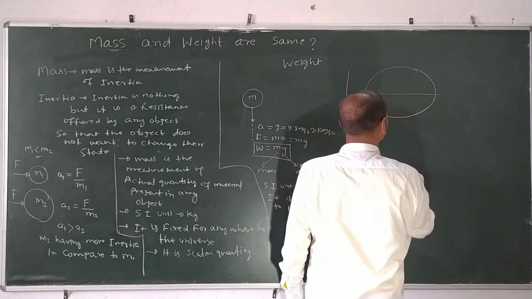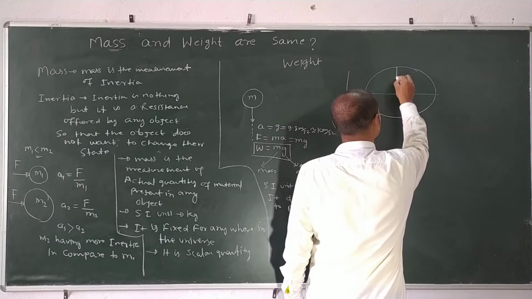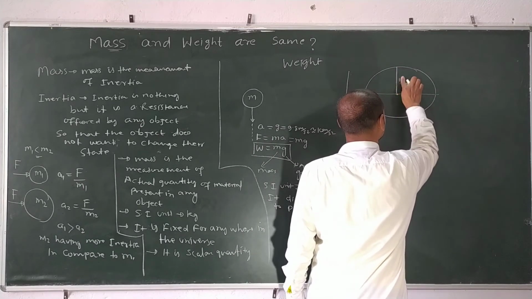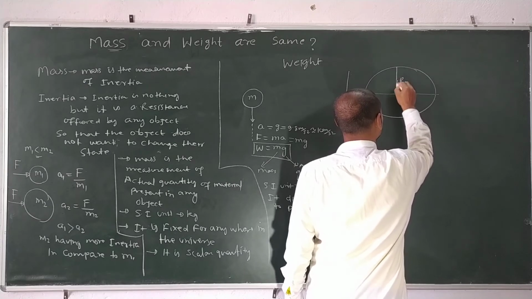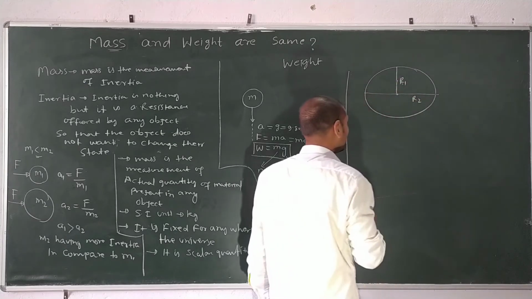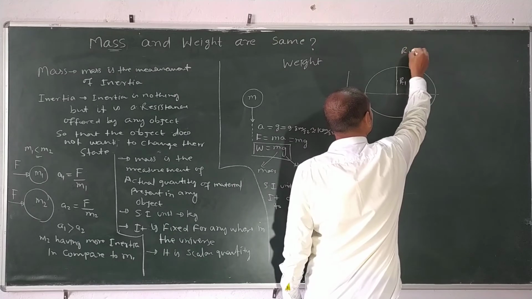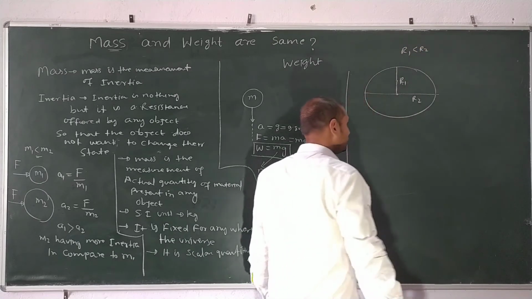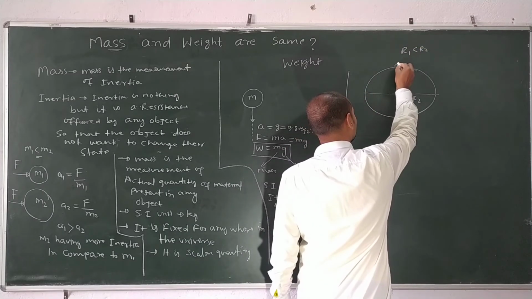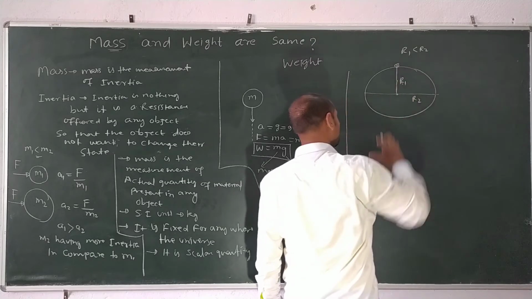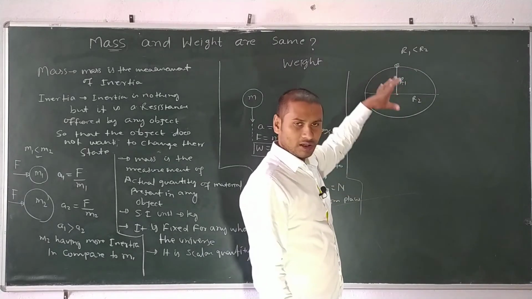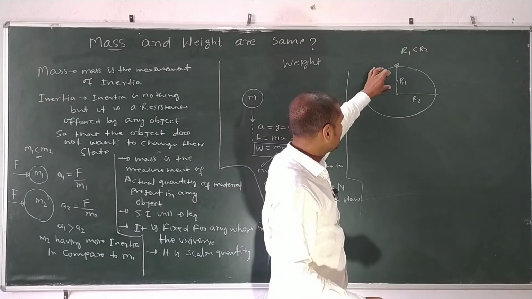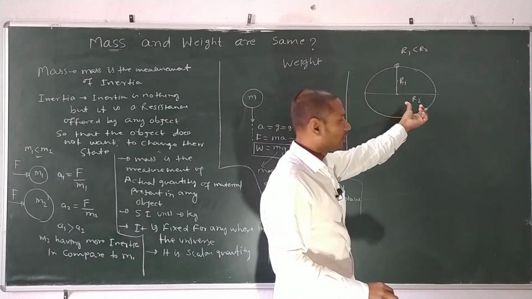So we know that, suppose this one is r1 and this one is r2. We know that here r1 is less than r2. So if we put an object here, the distance between the center of the earth and the center of the object is less compared to the other place.